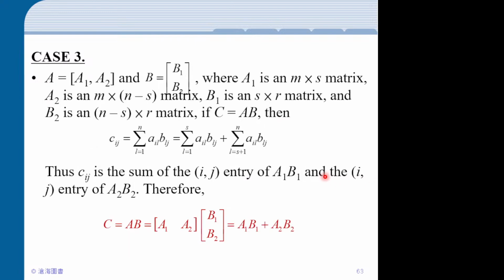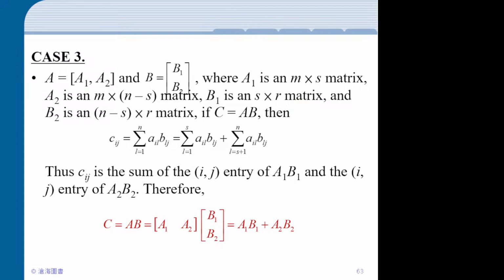And then we have case 3. Case 3 is where we partition the middle part. The book is written in very complicated notation, but the only important thing here is that we partition n, the middle part, and the middle partitions need to match each other.